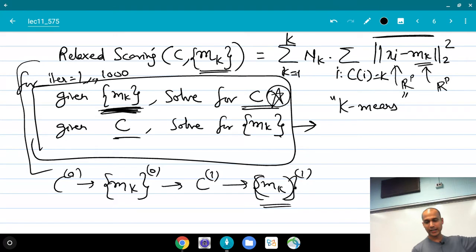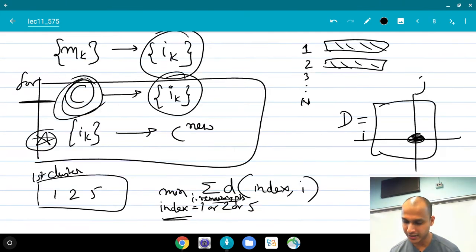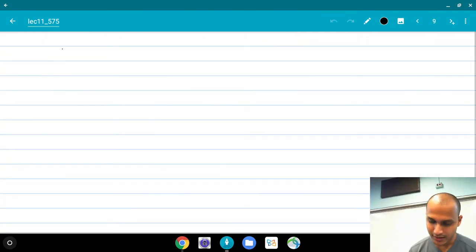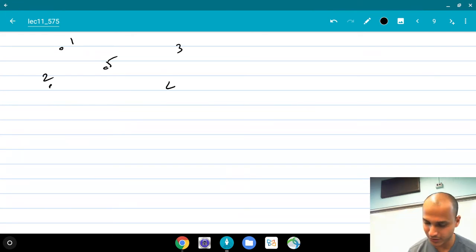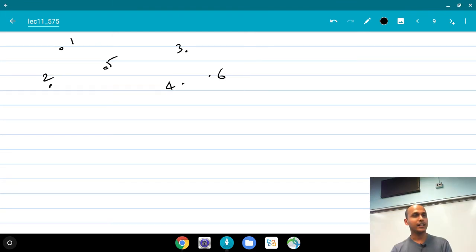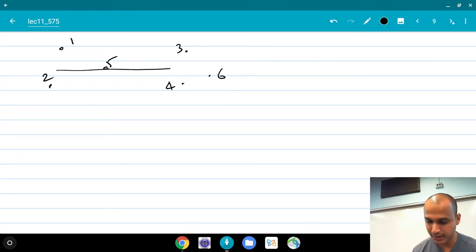So solve for C, I have now endpoints. I already know the means of my K clusters, mean vectors. Okay, we just think of them as points. In terms of pictures, okay, let's say this is 1, 2 and 5, okay, 3, I don't know what was that, 3, 4 and 6, okay. You have the data points and also the clusters.